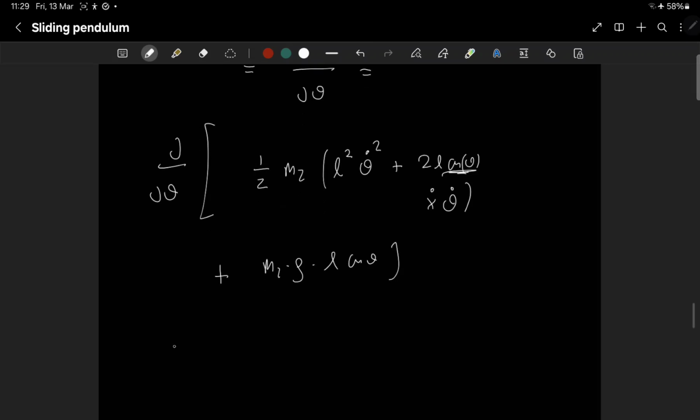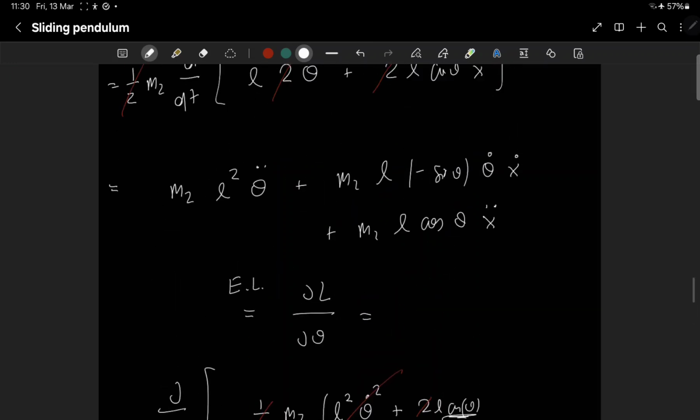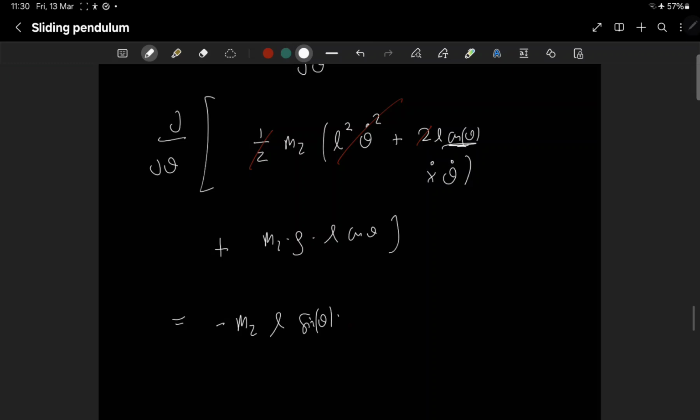So now we differentiate this with respect to theta. This guy doesn't depend on theta, and then the 2 cancels over here. So we are left with m2, minus m2 L sine theta x dot theta dot, plus, well, again minus m2 g L sine theta.